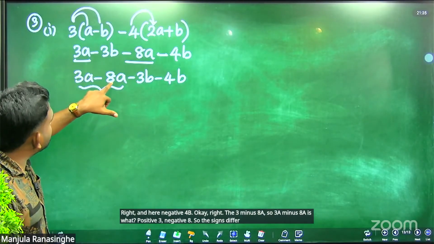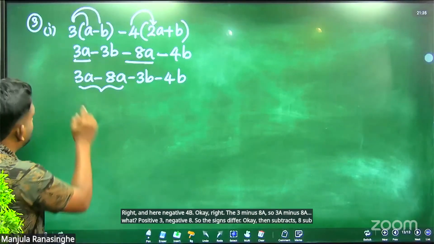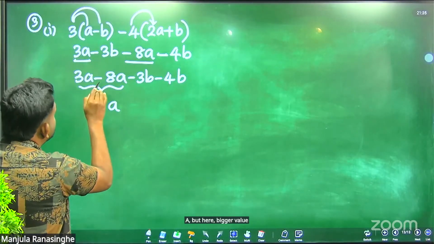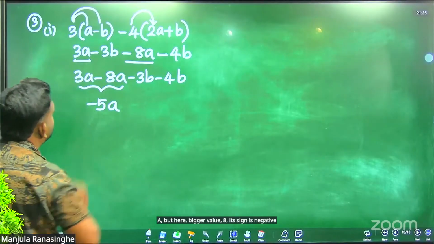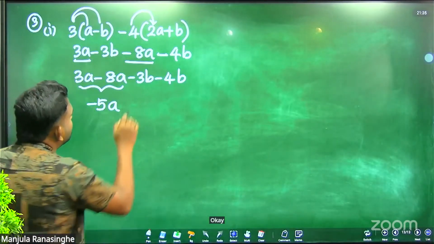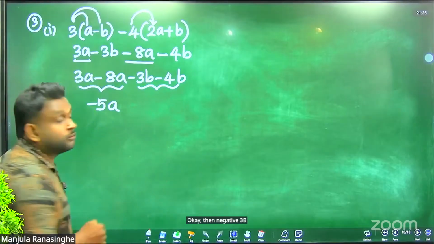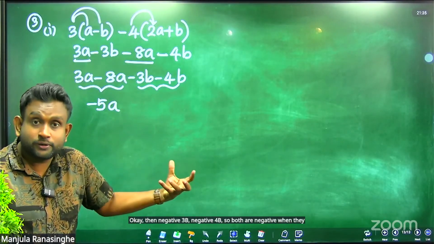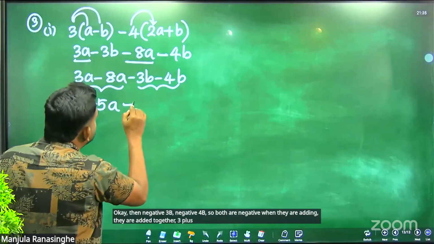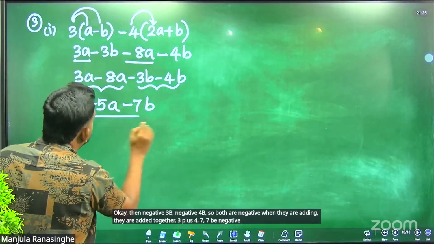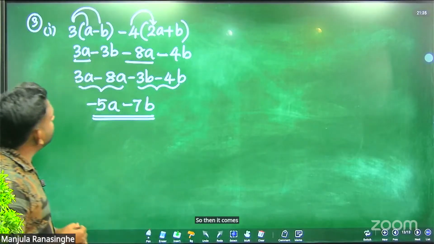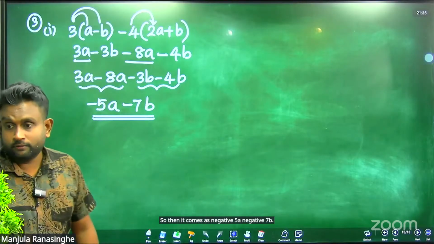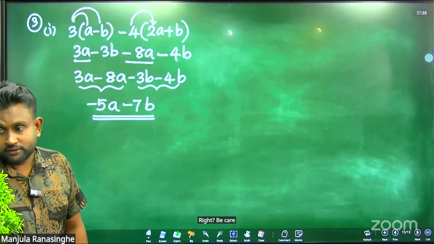Subtract 8 minus 3, 5a, but the bigger value 8 has a negative sign, so negative 5a. Then negative 3b, negative 4b: both are negative, so they are added together. 3 plus 4, 7, negative 7b. So it comes as negative 5a minus 7b. Be careful when you simplify.